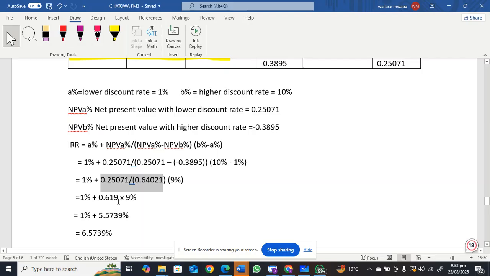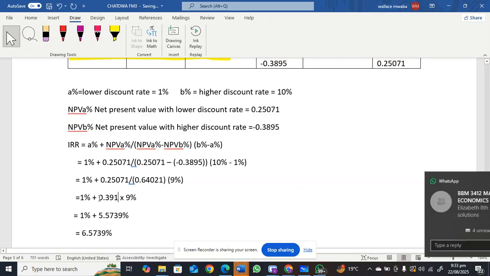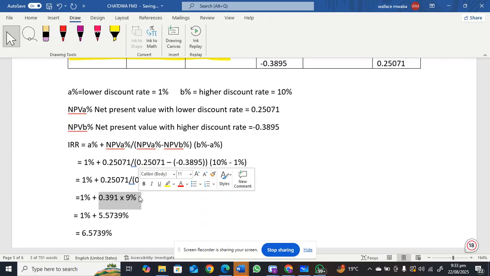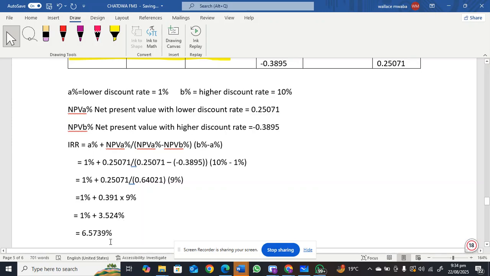Get 0.391. Then this 0.391, you multiply it by 9%. 3.524. 3.524 plus 1, you get 4.524%.